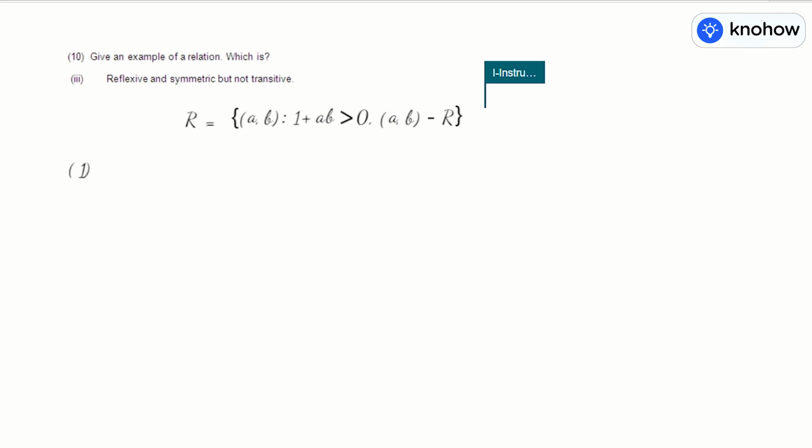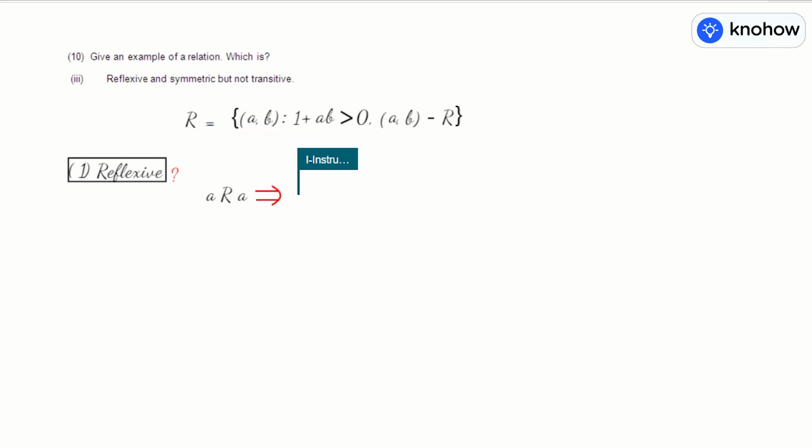Now the first part: let me check whether it is reflexive or not. So I say A is related to A if 1 plus A into A is greater than 0. That is, 1 plus A square is greater than 0. And obviously it is, whatever real number A you choose.